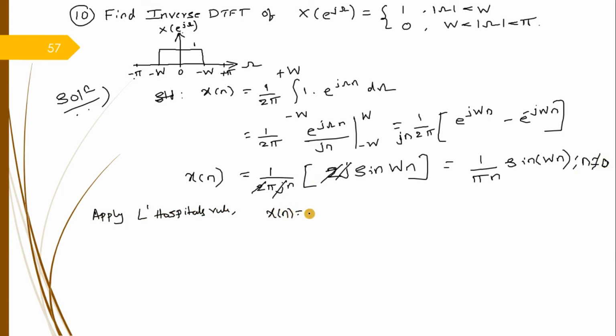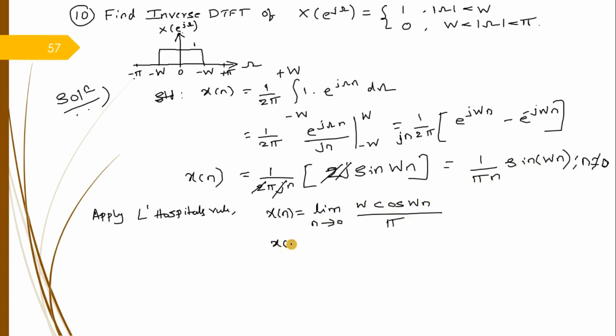Then x of n is equal to limit n tends to 0. Differentiate numerator and denominator. If I differentiate the numerator, I get cos wn, and w is a constant, so that also I write here. I differentiate with respect to n. So what do you get? You get only pi in the denominator. Now you substitute n equal to 0.